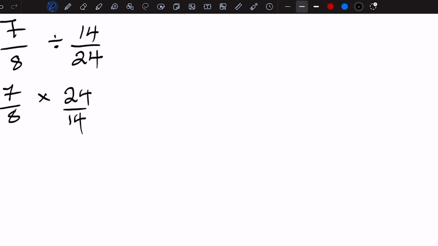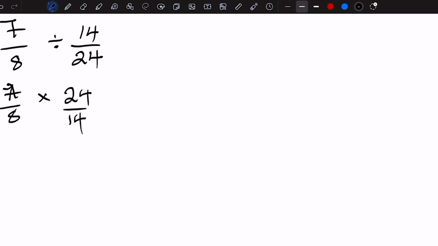Let's look to see if anything can be simplified. Yes, things can be simplified. The 7 and the 14, the 8 and the 24. We could have also simplified the 24 and 14 because those are numerators and denominators. So remember, once there's a numerator and a denominator, we can simplify it. But let's go diagonally. So we'll say 7 into itself goes 1 time.